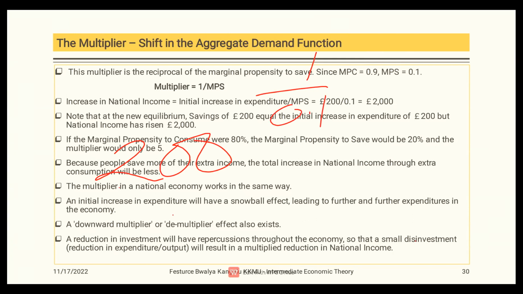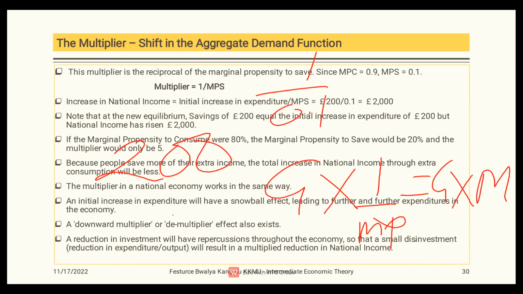So you say G times 1 over MPS, which is the same as G times the multiplier. 1 over MPS is the multiplier. So your G is 200 times 1 over 0.1. You followed that?